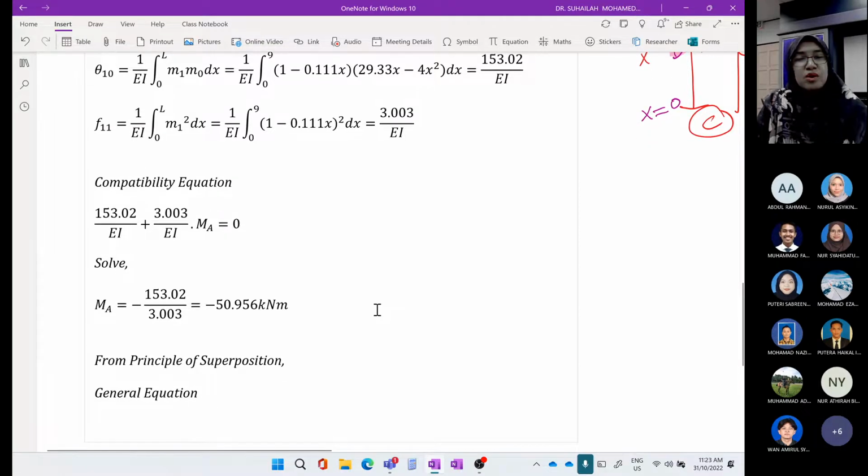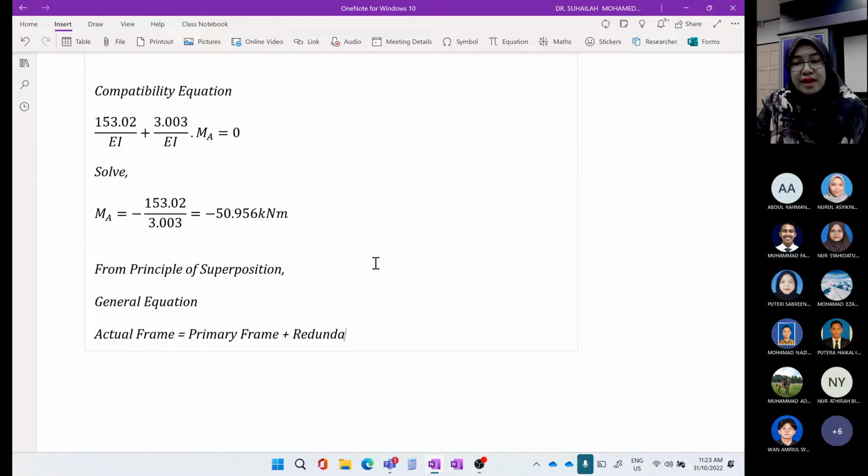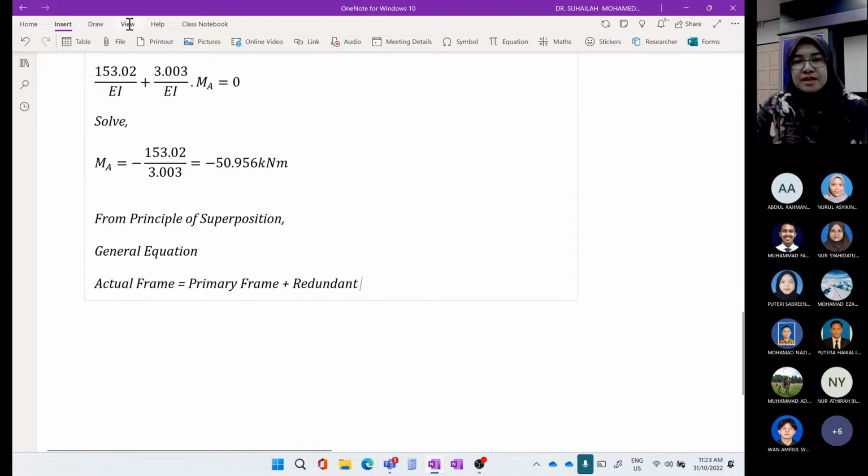General equation based on principle of superposition: this one is frame, so this is actual frame equal to primary frame plus redundant frame, and it is redundant MA applied.